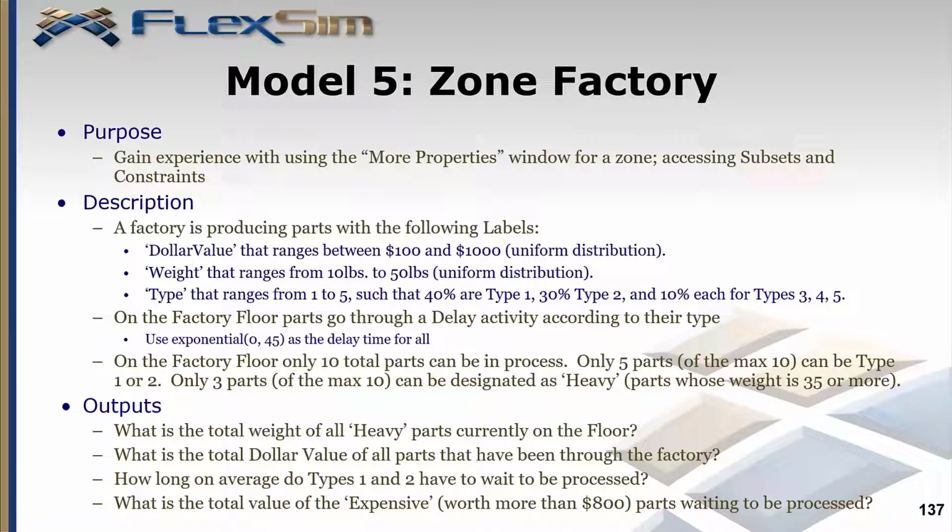And the main thing that we're going to want to take away from this is the ability to use the zone as both a stats gatherer, as defined in the output section of this, and also as a means to help control the flow of our models. And I'm just realizing now that I think I forgot to mention how we can use the things that we talked about, like subsets and partitions, as a means to control the flow.